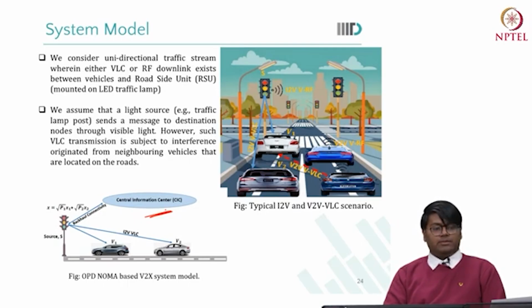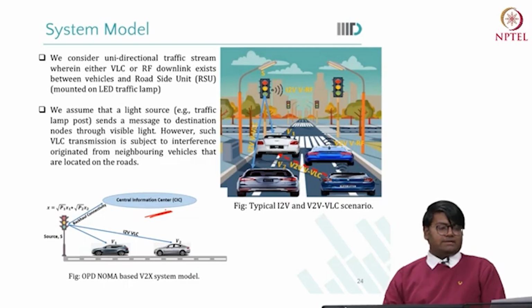Now the communication between the LED traffic light and the central information center is established via a backhaul connectivity and to the vehicle through free space optical wireless transmission.